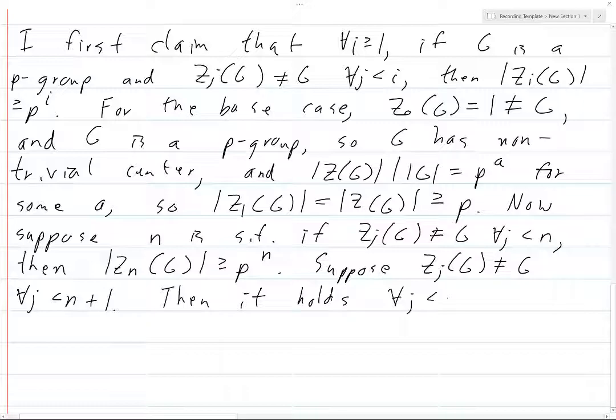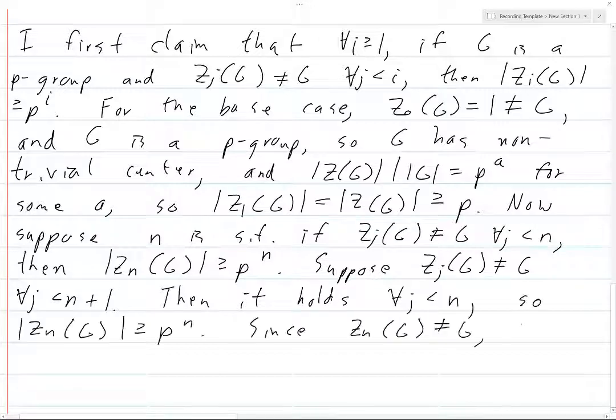And let's see here, since Z_n(G) is not equal to G by assumption, we know that Z_{n+1}(G) contains but is not equal to Z_n(G). And so the center of G mod Z_n(G) is not equal to 1.